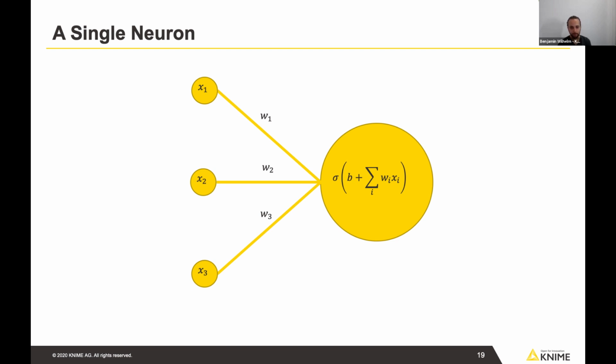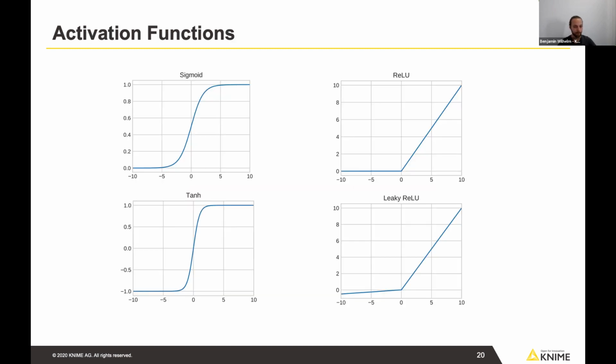Then the sum is added to a bias, and the result of that is given to an activation function, which introduces a nonlinearity to the network. And then this is the so-called activation of the neuron, which is the output, and the feature basically that was computed by this neuron. For activation functions, we have some examples.